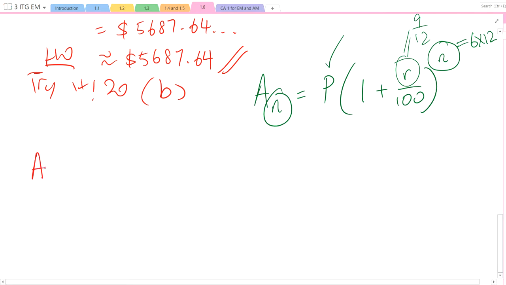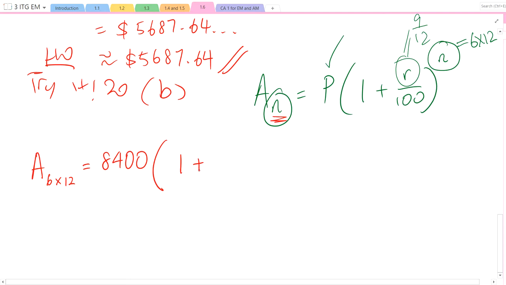So A_n, the value of n, I know it is 6 times 12. So A_72. Remember, this A refers to the total amount. It is the interest plus the principal. This equals the principal, which is 8,400, times 1 plus. Now the value of r.